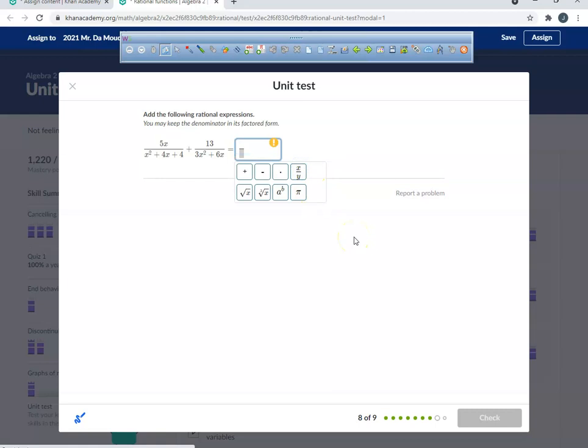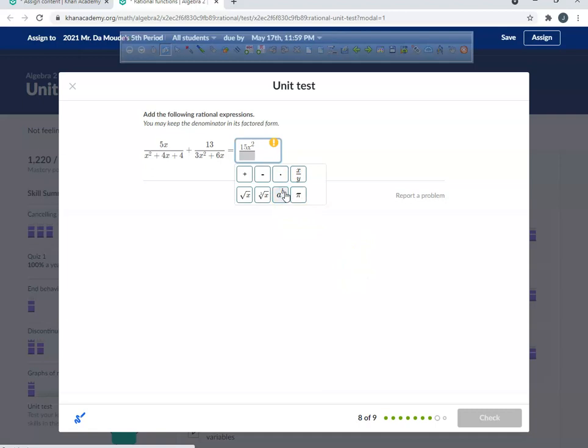What was in our numerator? 15x squared plus 13x plus 26. Wow, we had a 3x, then we had another x plus 2 and another x plus 2.